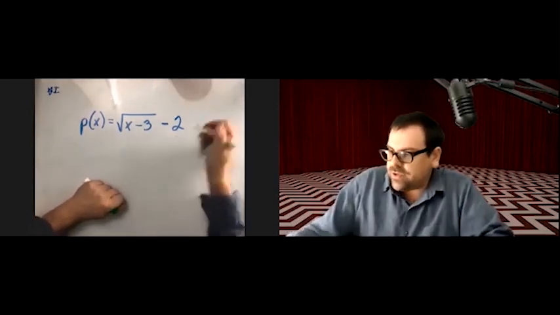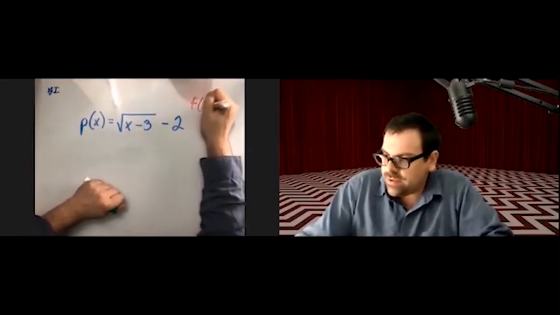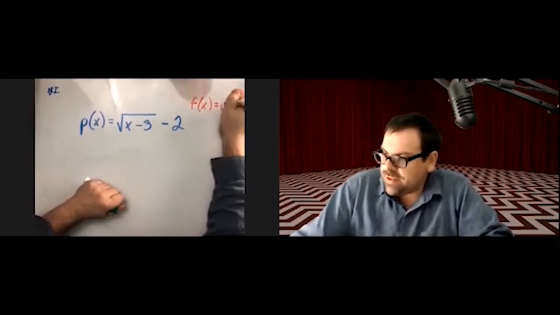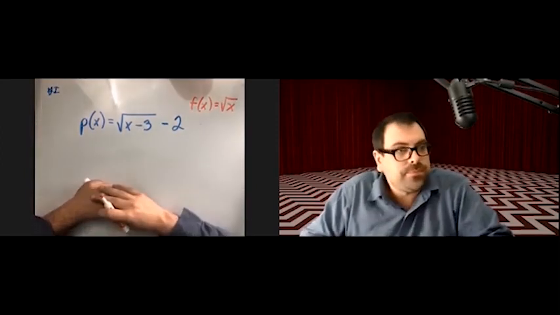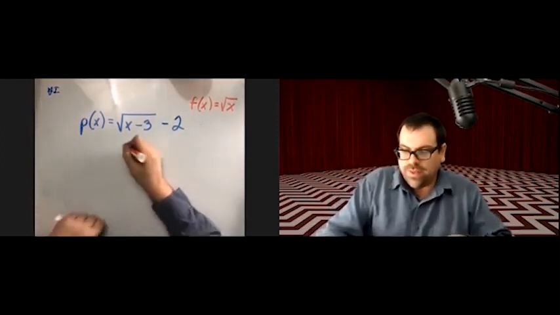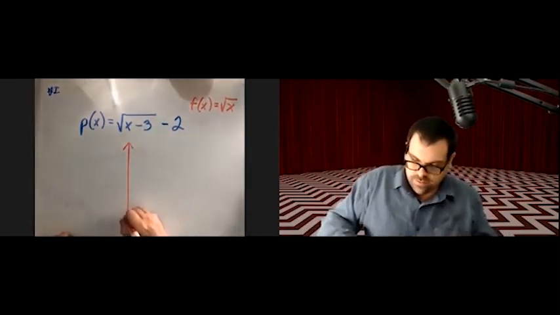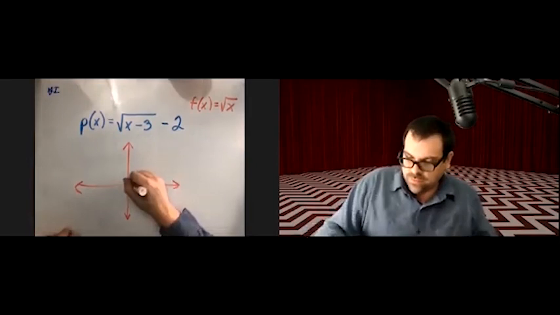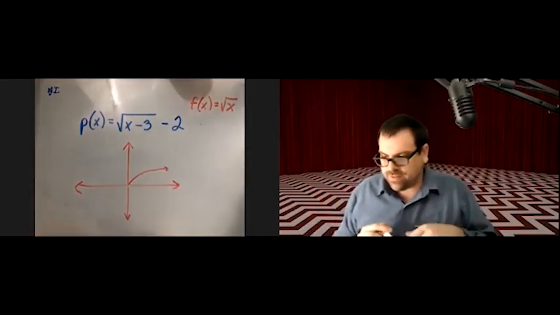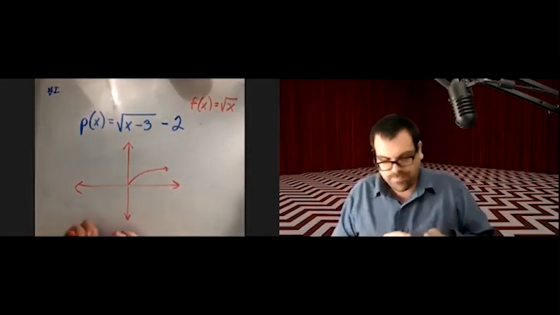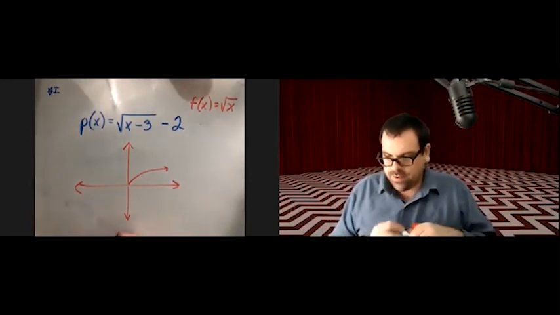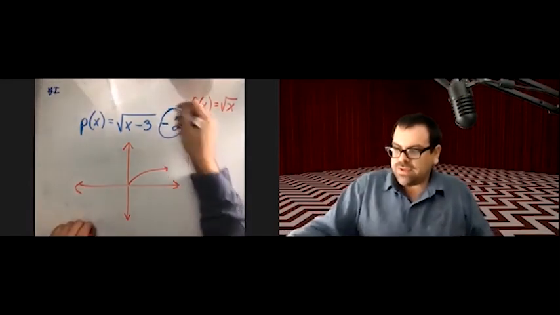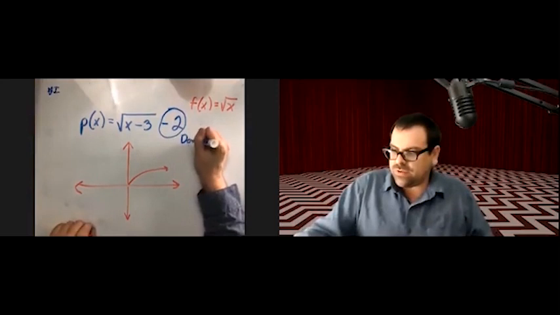Well, the parent function, f of x, that's going to be the square root of x. And we know what that looks like. The square root of x looks like this. This minus 2 on the outside, that's telling us to go down 2.